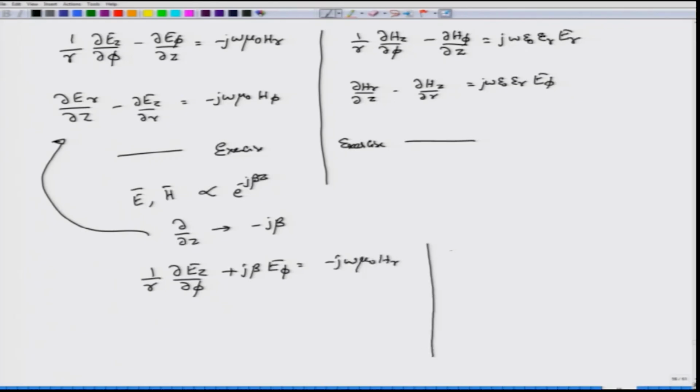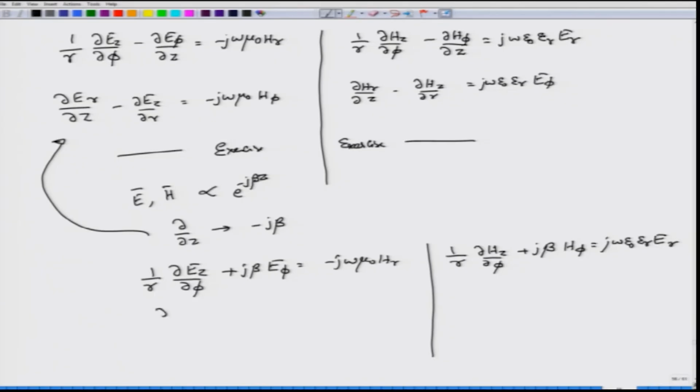Again, this is something that you have to do to fully appreciate that these equations are correct. So, you have j beta h phi equals j omega epsilon 0 epsilon r, this is the E r component.